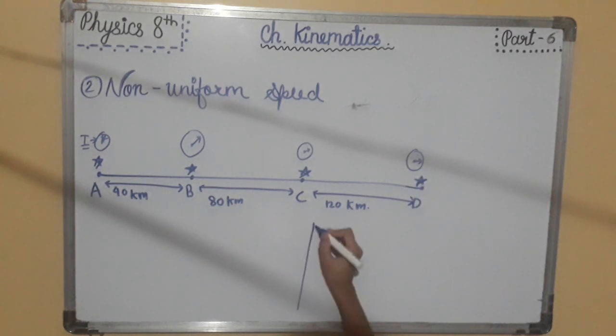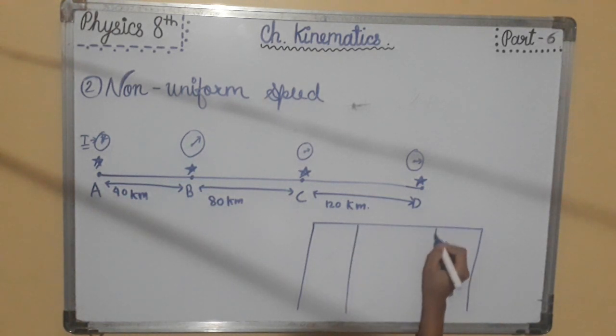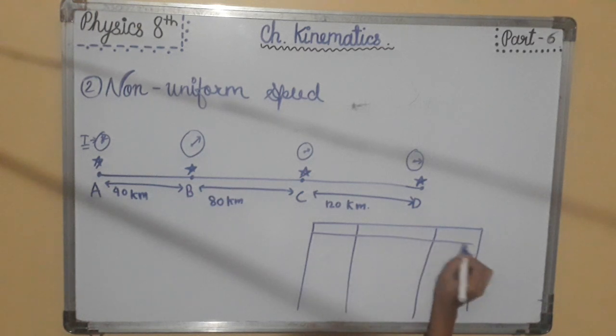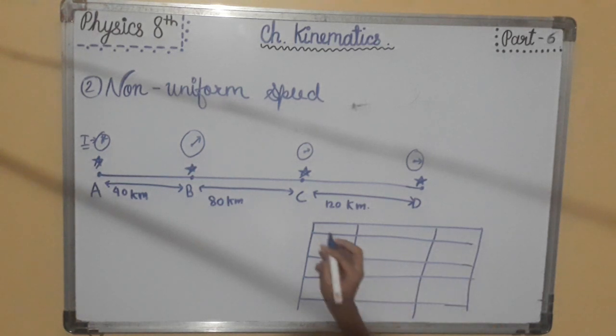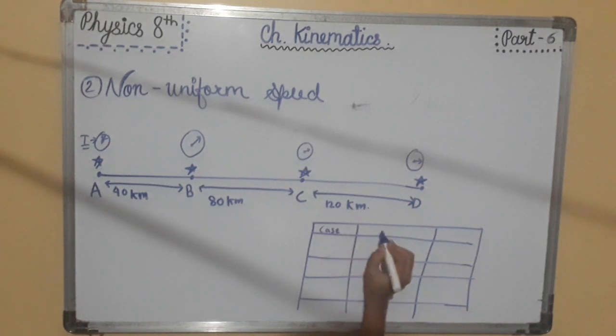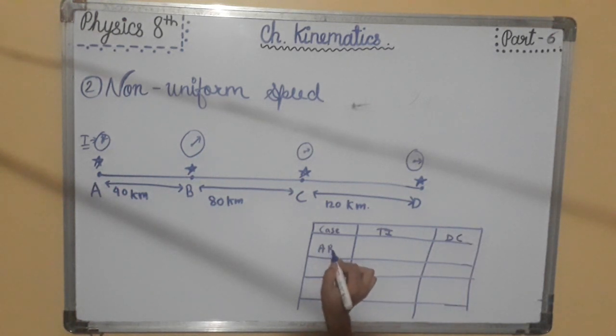The table is like this. Here we have the case, the time interval, and the distance covered. The first case is AB, the second is BC, and the third is CD.